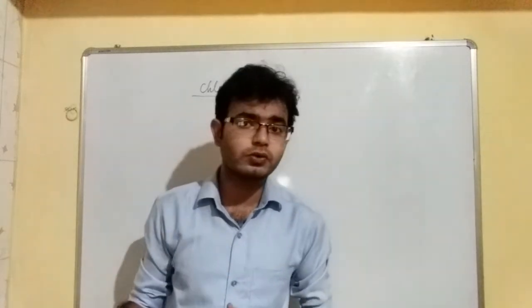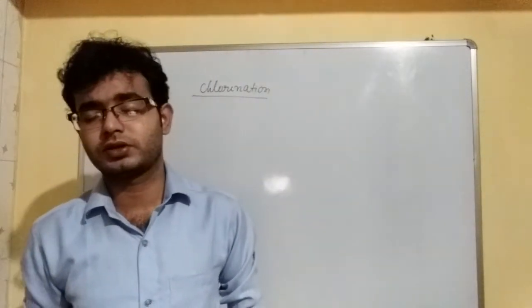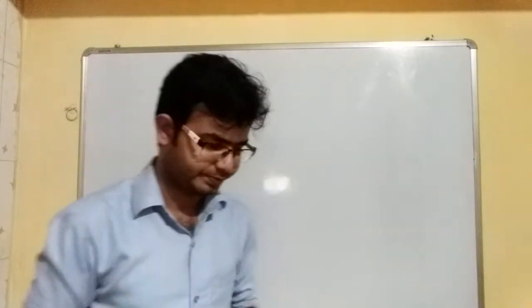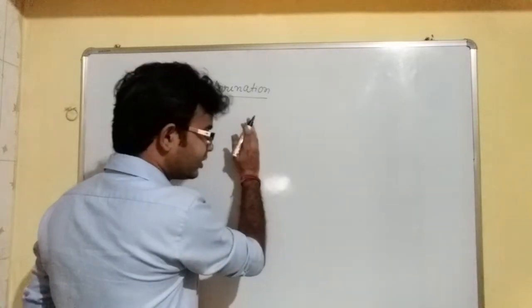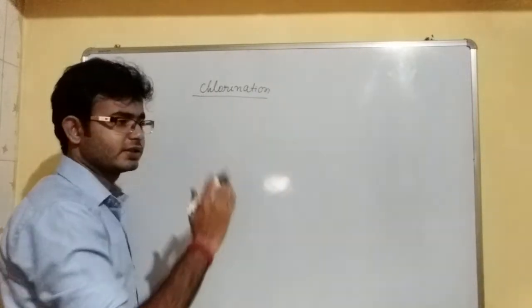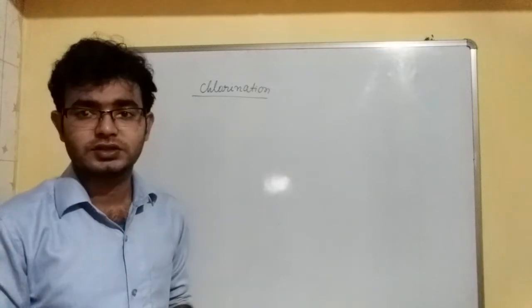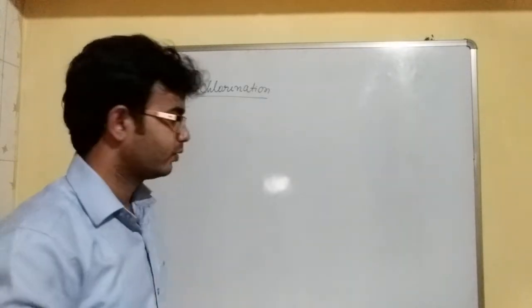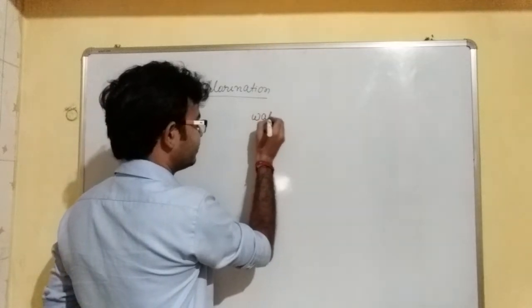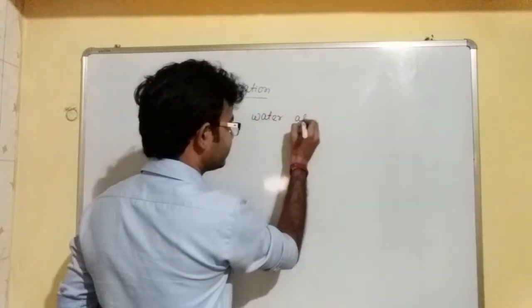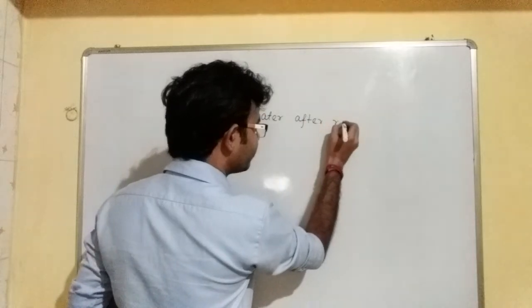Now, what to do to purify the water by killing the germs? So here this method is chlorination. So after removing suspended impurities from water, what you have to do?